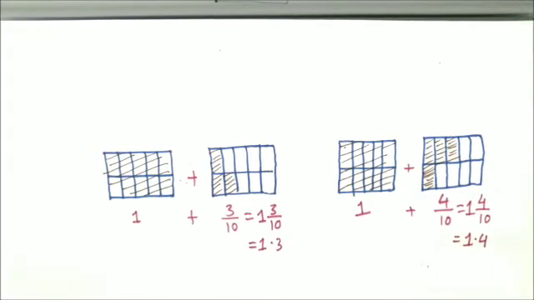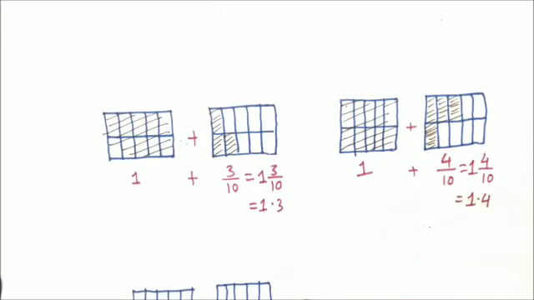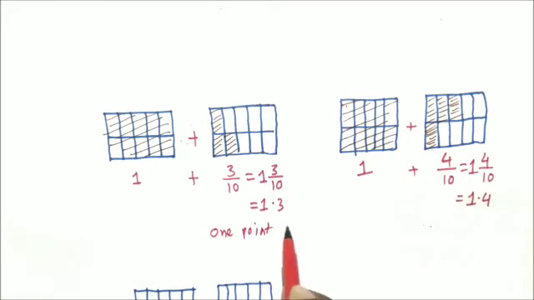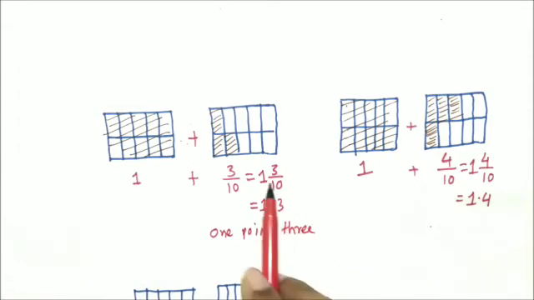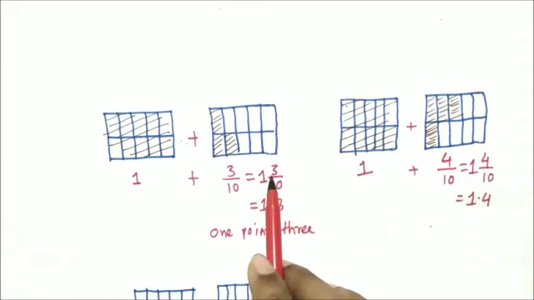Is it clear till here? I think it is clear. Okay. Now 1.3, it is read as what? 1.3 can be read as 1 whole 3 by 10, or you can say 1 and 3/10.